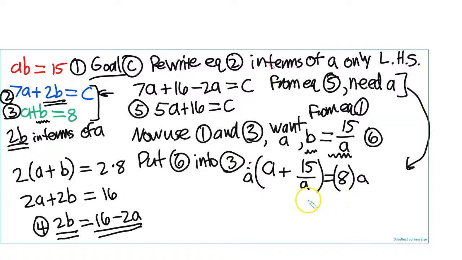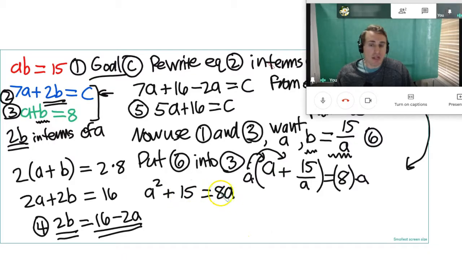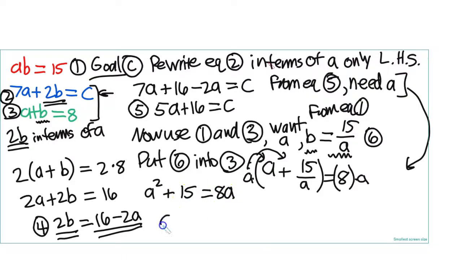A. So let's multiply everything by A. If we multiply everything by A, we have to distribute over here, and then we just get 8 times A. So we get A squared plus, and that's 15 over A times A is 15, equals 8A, correct? And then we need to get this in standard form. So this is A squared minus 8A plus 15 equals 0.